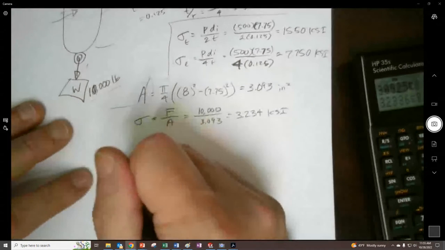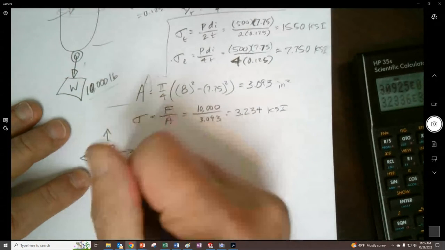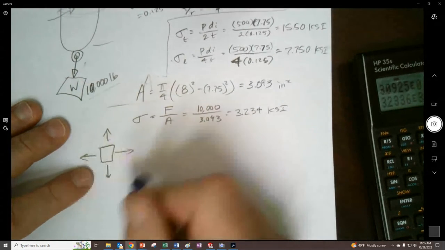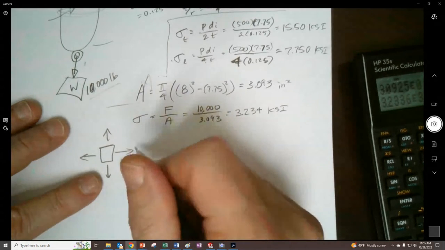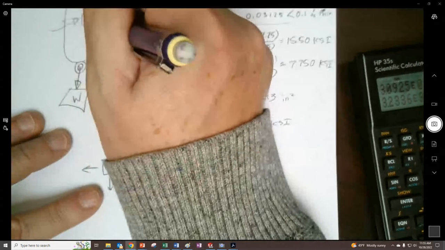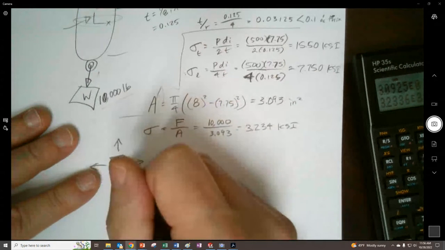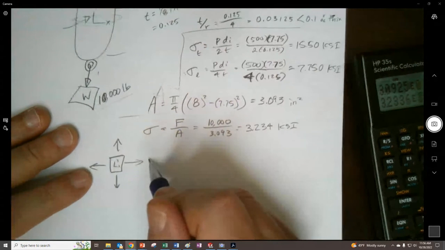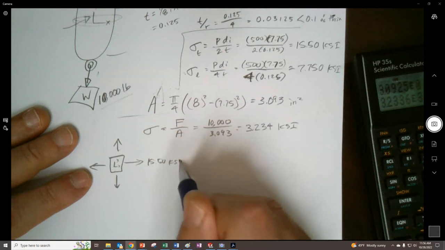And so now a stress element on this does have stress in the other directions as biaxial stress. If we label this X and this Y right here, the X direction will be the hoop stress of 15.5 KSI.